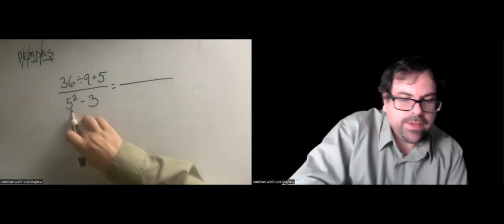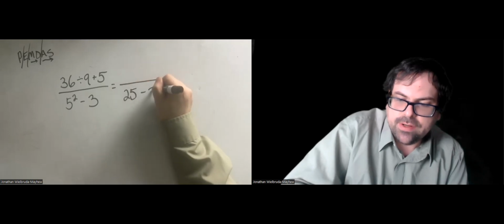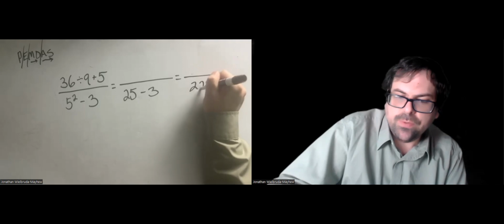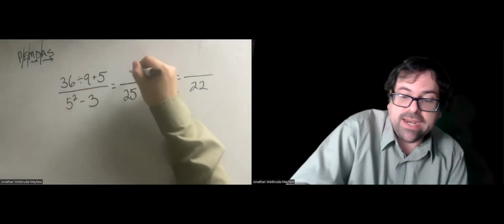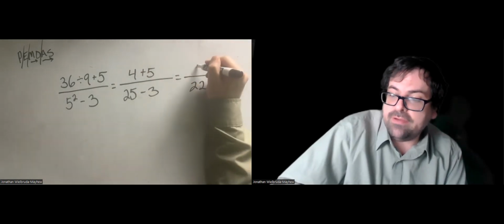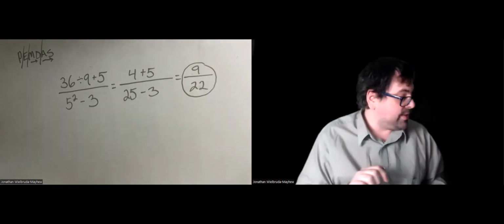On the bottom, 5 squared is 25, exponent first. 25 minus 3 is 22. On top, division first. 36 divided by 9 is 4. 4 plus 5 is 9. 9 over 22.